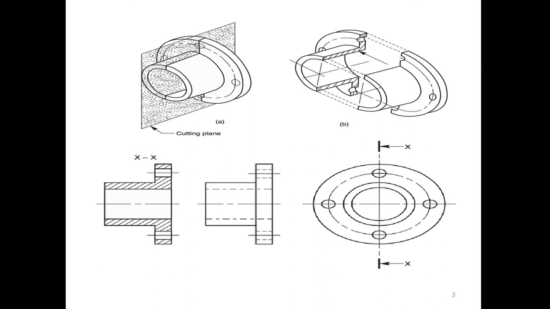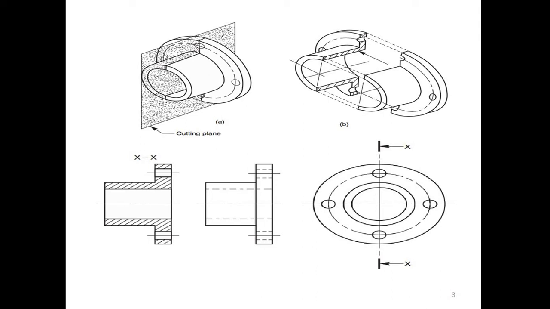It is a very good example of a hub, in which an isometric view is given, and the cutting plane XX is shown. The component is cut at XX. It is an imaginary plane. When you cut the component at section XX, the hatching is shown, because we use hatching when the component is sectioned.